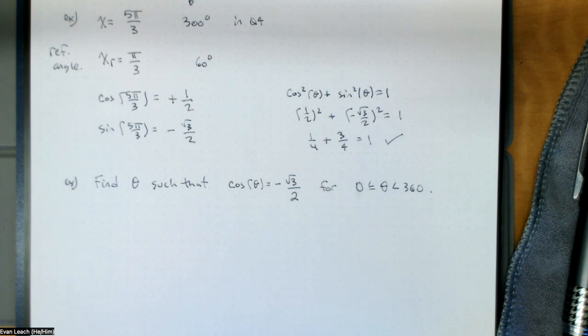So in this case, we're going to be solving an equation. I want to find theta such that cosine of theta is negative root 3 over 2, but only for theta between 0 and 360.